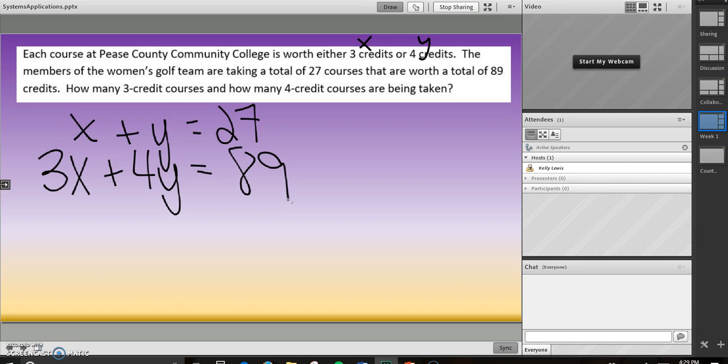All right, so this one is best solved either by substitution, because you can get the x by itself or the y by itself, or you can do elimination. And we could multiply the top maybe by -3, or we could multiply the top by -4.